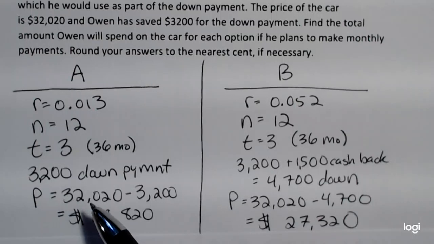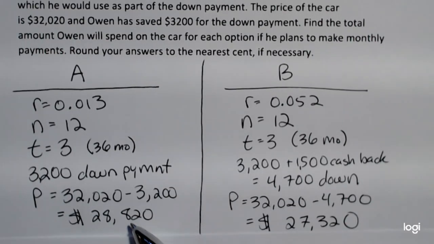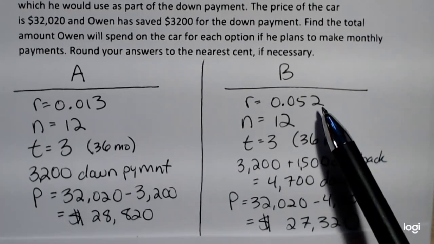If the car costs $32,020 and he makes a down payment of $3,200, what he actually borrows under option A is $28,820.